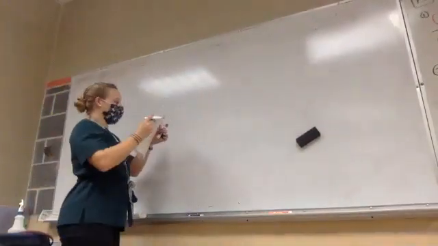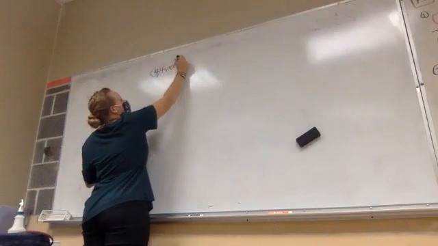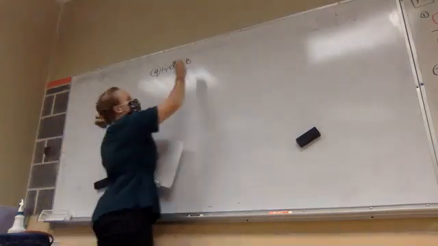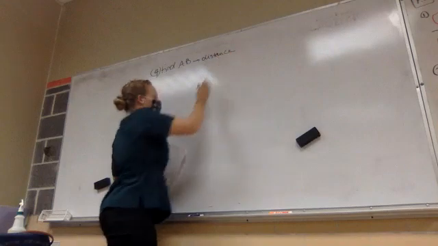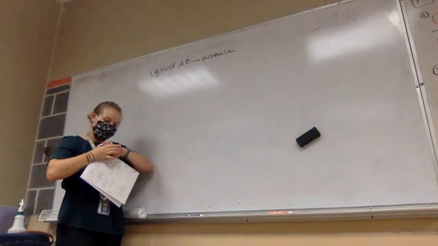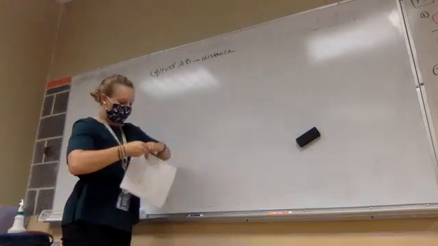So I'm on letter 4 or number 4 now. It says find AB, and that means distance. So if it tells you to find that, that means distance. The distance formula is a really hard part to get on.